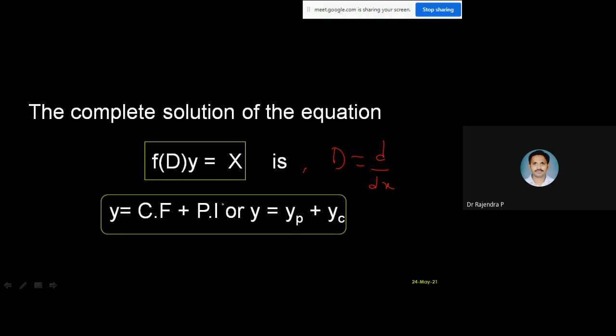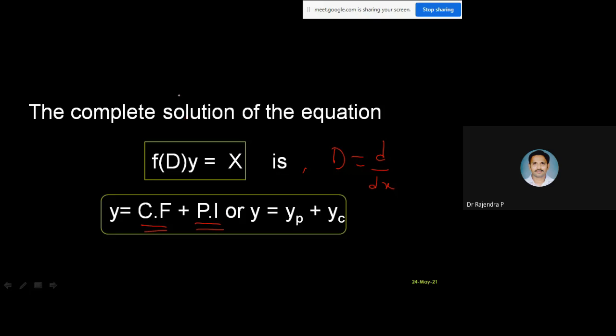To solve this particular equation, the solution has two parts. One is the complementary function, another one is the particular integral. Both are solutions for the differential equation, and their linear combination is also a solution. For that reason, we took two theorems.